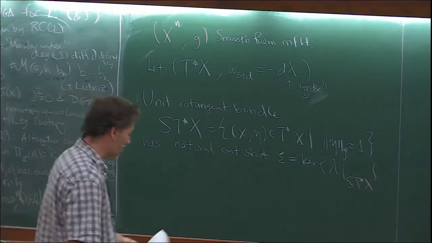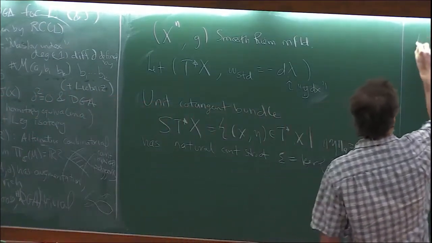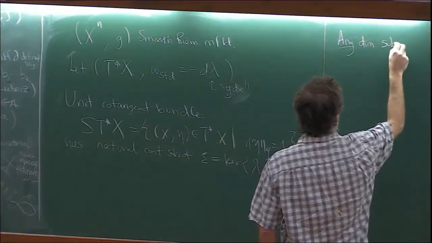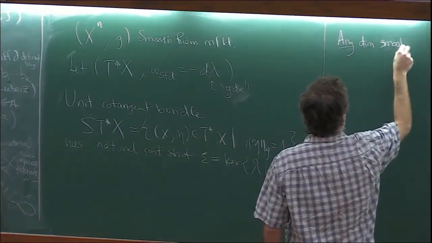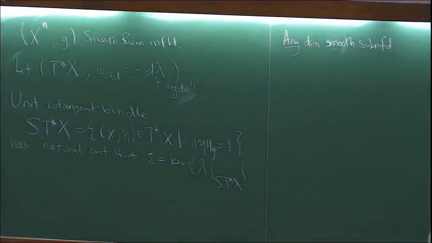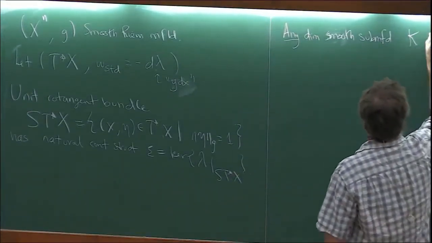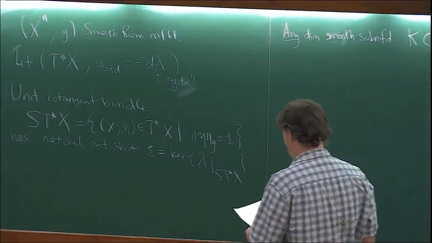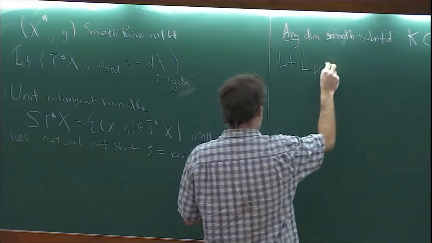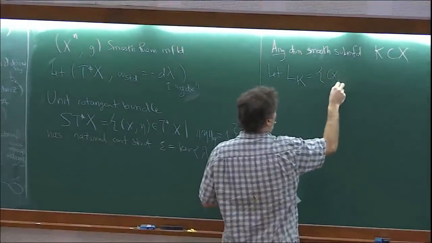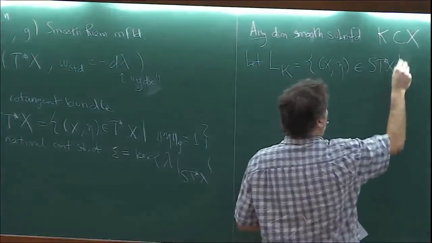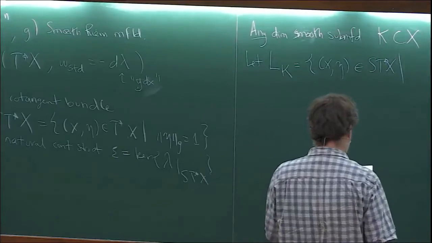Okay, and now suppose I take any n-dimensional smooth submanifold K in this Riemannian space. And let's let LK be the covectors which kill the tangent vectors of this submanifold.